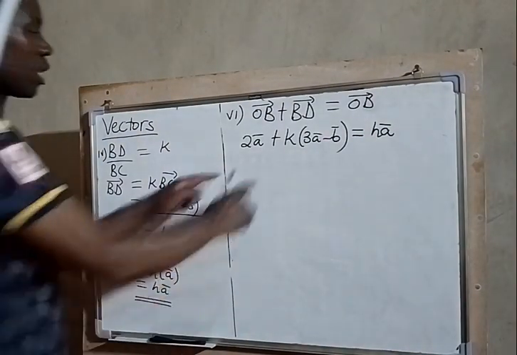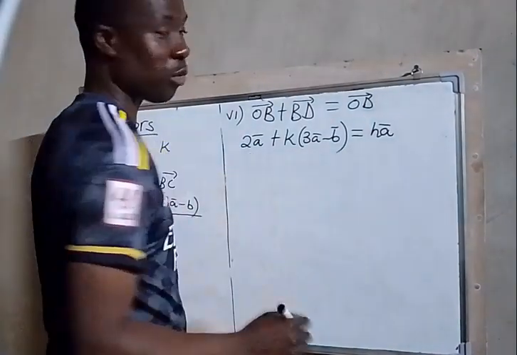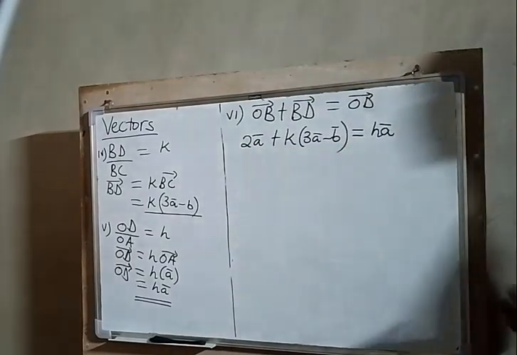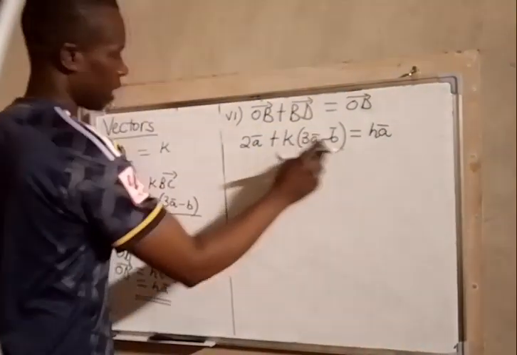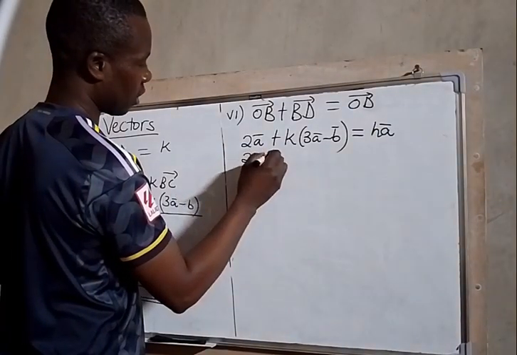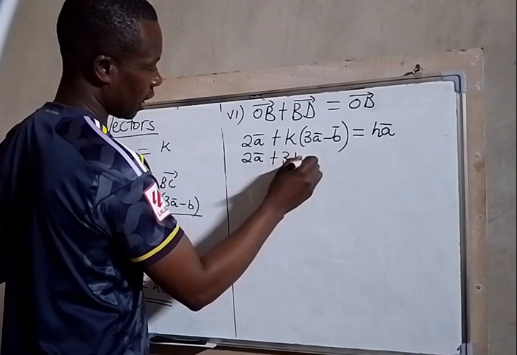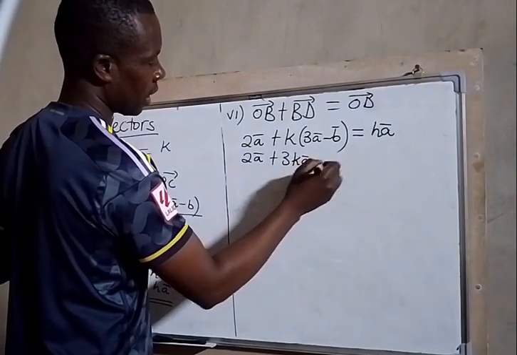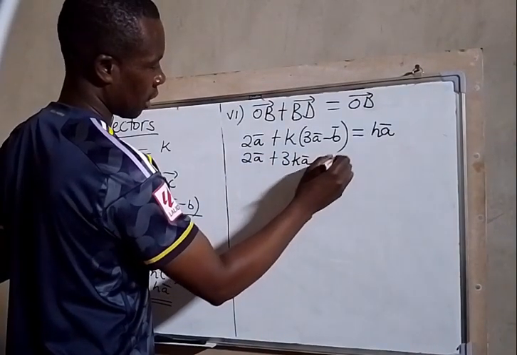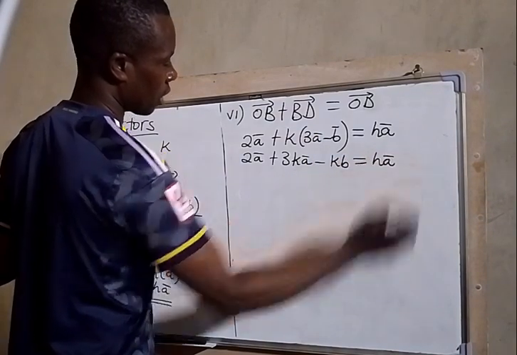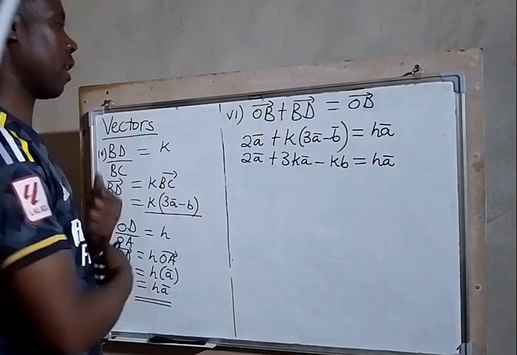Now we are going to use this expression to form two equations. Now let's simplify here first. 2 vector A plus, multiplying throughout by K, we have 3KA minus KB being equal to vector HA.